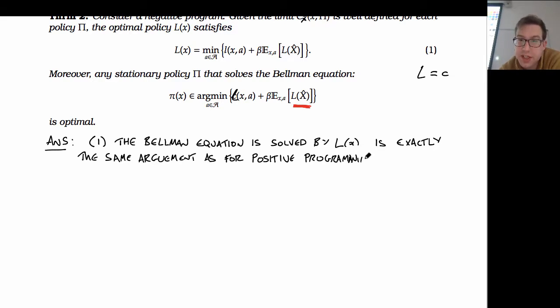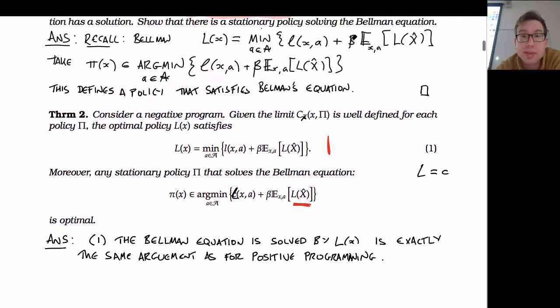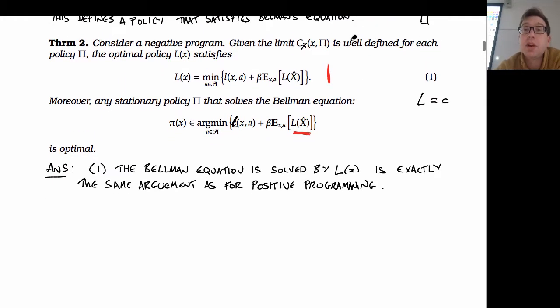That's something that doesn't change when we go to negative programming, okay? So showing that this holds is exactly the same thing. You can go through exactly the same steps that we did for the positive programming case, and we can get the same inequality, the same equality here, okay?